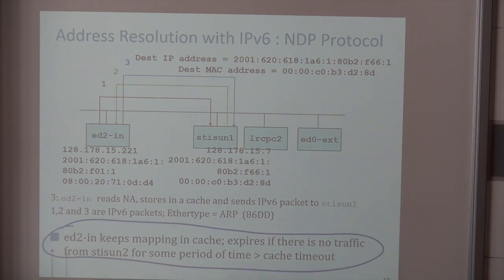What happens when it expires? Well, if there is no traffic at all, then it will expire. But of course, before it expires, you will try to refresh it on the fly. For example, this might receive a lot of traffic from STI-SUN1 because STI-SUN1 is probably talking to someone. Most applications are two-way.